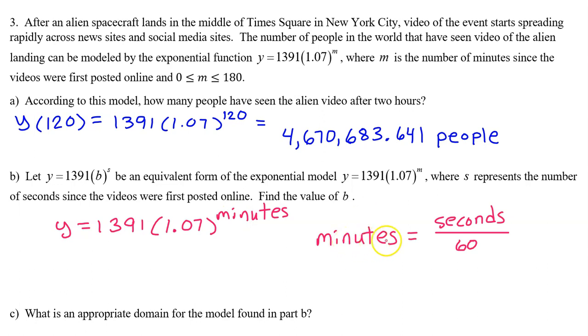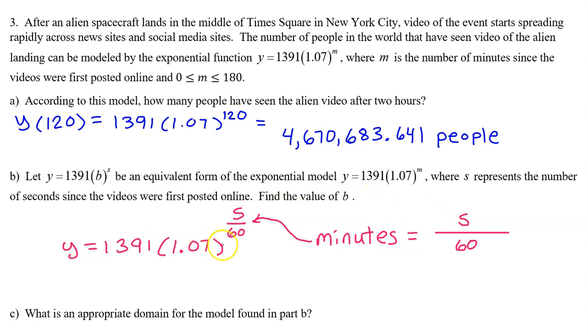The number of minutes is equal to the number of seconds divided by 60. For example, 120 seconds is 2 minutes because 120 divided by 60 is 2. S represents the number of seconds, so the number of minutes can be expressed as S over 60. Let's substitute this expression in right here.